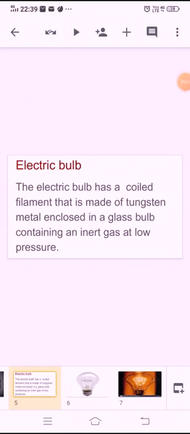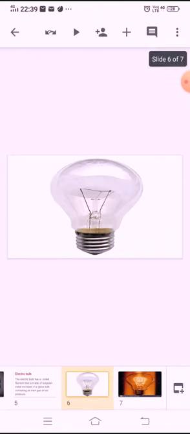Let us study about the electric bulb or the incandescent lamp. The electric bulb has a coiled filament that is made of tungsten metal enclosed in a glass bulb containing an inert gas at low pressure. Look at this picture. This is the electric bulb.